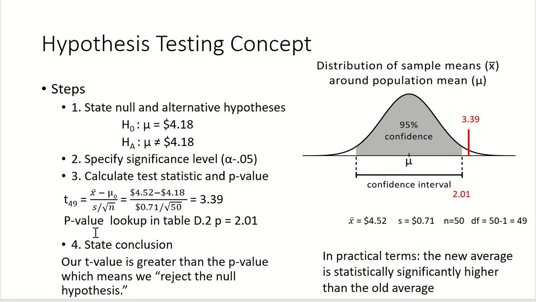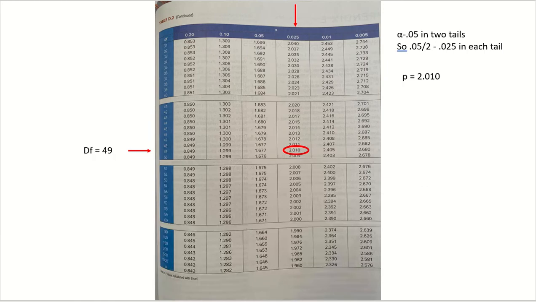For the p-values, we're going to use the student T distribution, and let me bring that up for you real quick. We didn't go in and look at this before, but in the back of your book, table D2, if you look up the degrees of freedom, 49, and we look up here at our alpha value, we know that our alpha is 0.05, but it's in two tails because we're saying it's different. We're not saying it's greater than or less than.